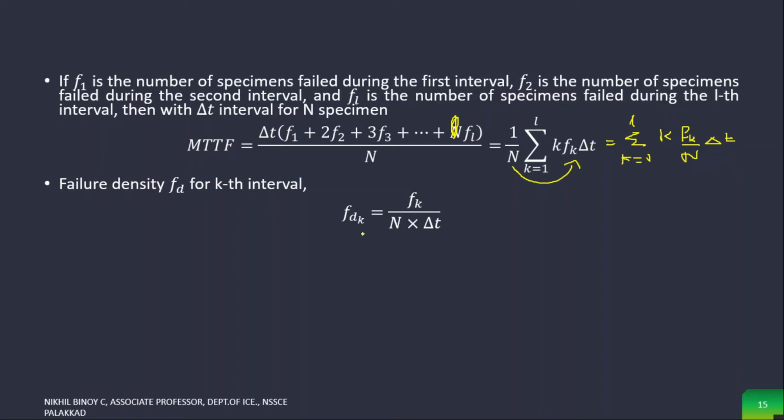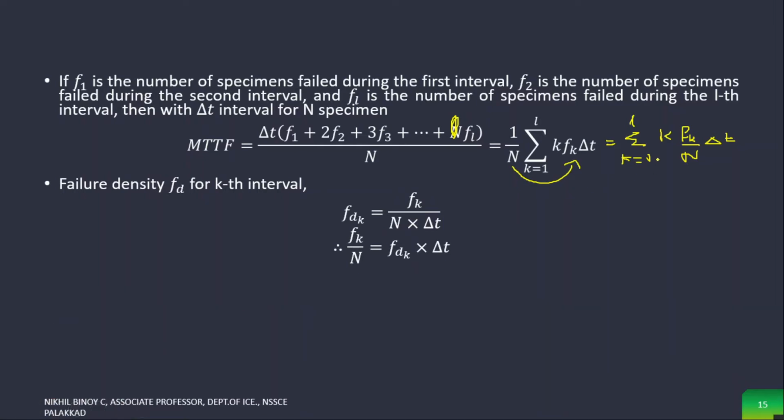Am I correct? Now the interesting thing is, in failure density we have the same term, fk divided by N. So what is fk divided by N? It's simple: fk divided by N is equal to fdk into delta t.